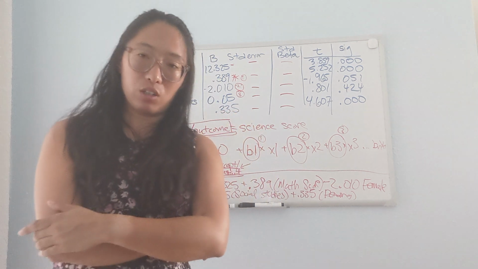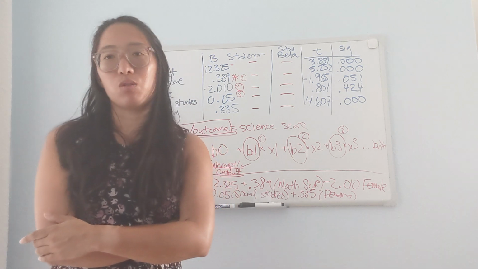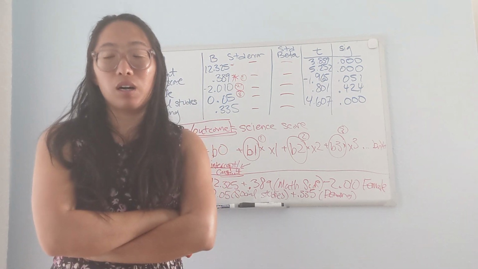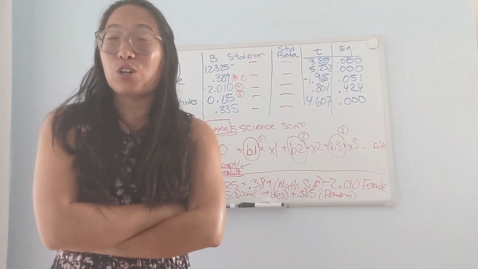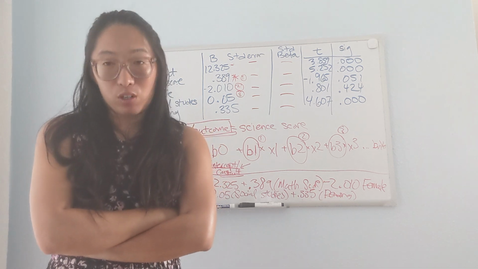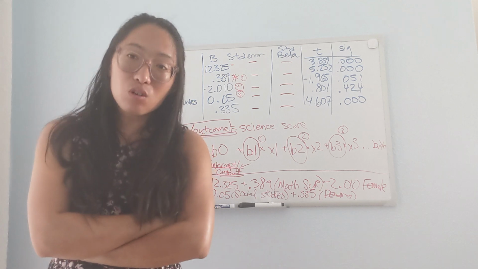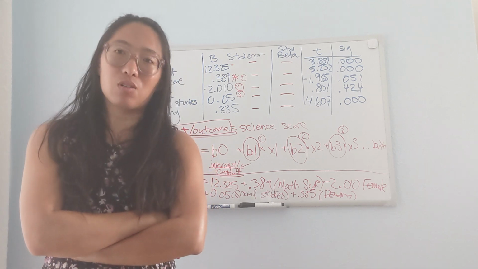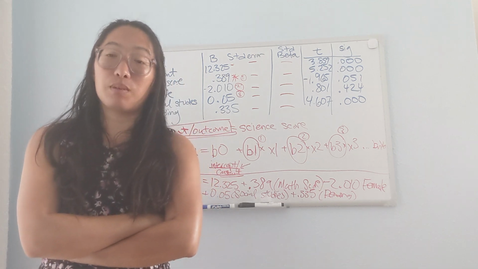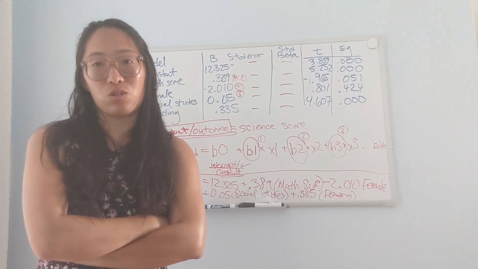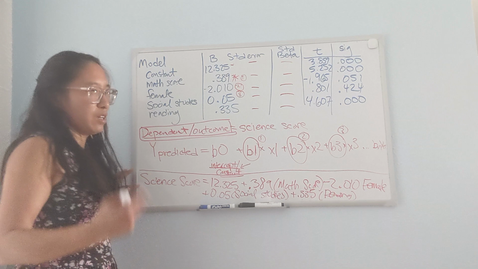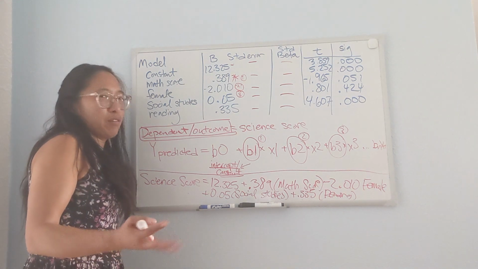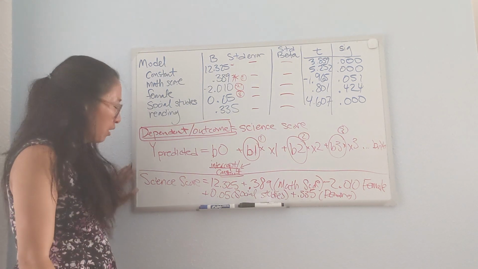What are some predictors we can use? We can use their high school GPA, their grade in particular classes, their SAT score. Are these predictors of GPA in college? Yes or no, right?